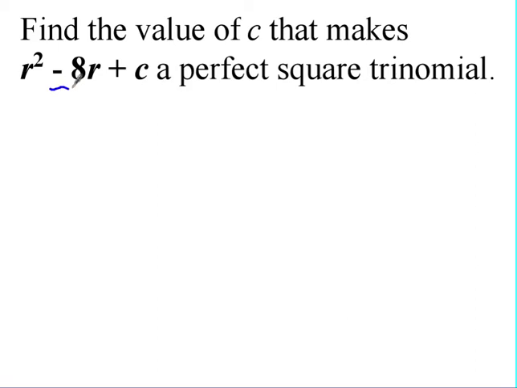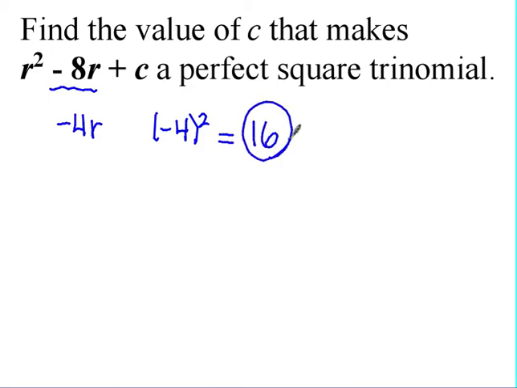What's half of 8? 4. So basically negative 4r. So then I know that I've got negative 4, so I'm going to square negative 4. And what do I get? 16. So that's the value of c that makes that a perfect square trinomial. No, that's just a rule.